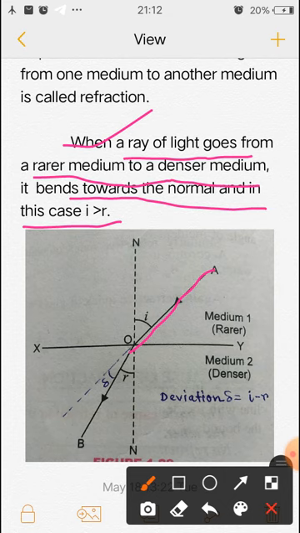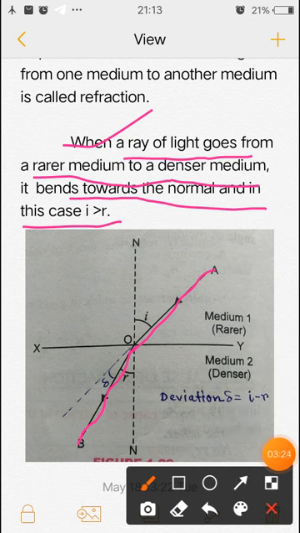After refraction it passes in this direction, not this direction. The dotted line shows the actual path if the denser medium were absent. But if the denser medium is present, the ray bends.